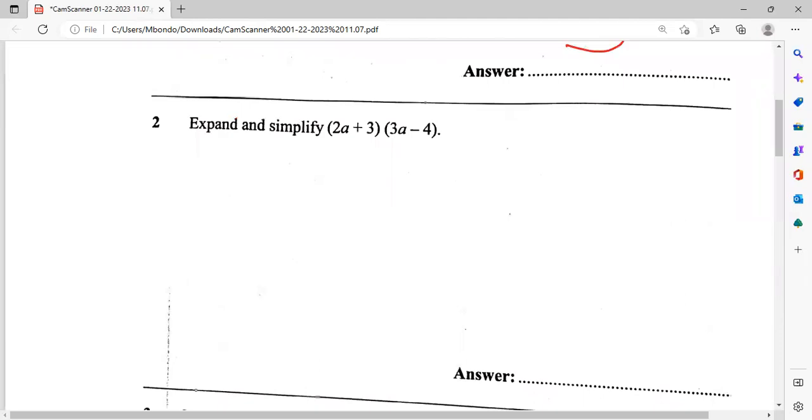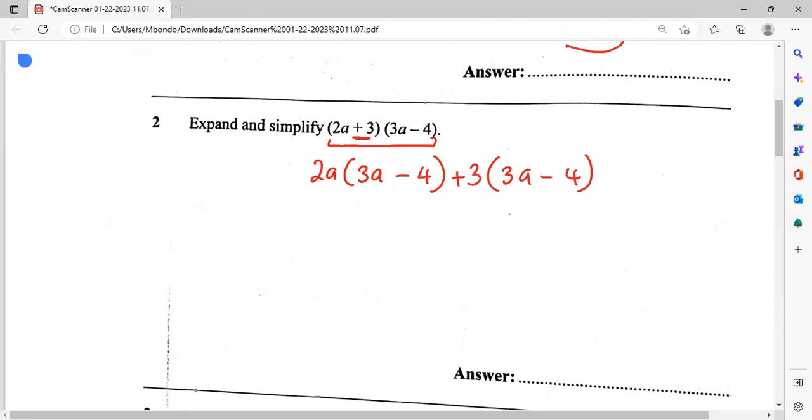How do we expand and simplify this question? We start with 2a. 2a we multiply by 3a minus 4. Then we get plus 3 and also multiply it by 3a minus 4. So this is going to give us 6a squared minus 8a plus 9a minus 12.